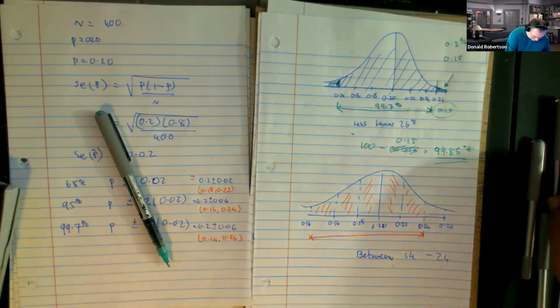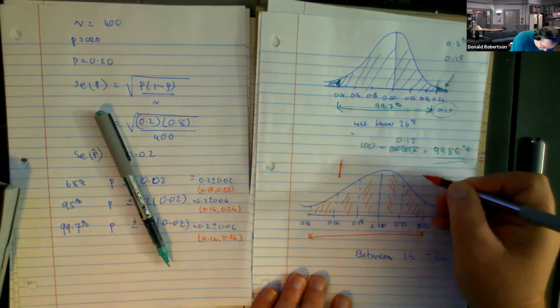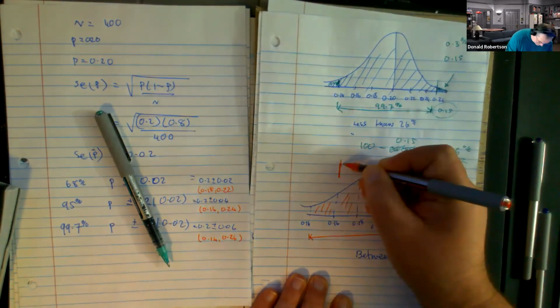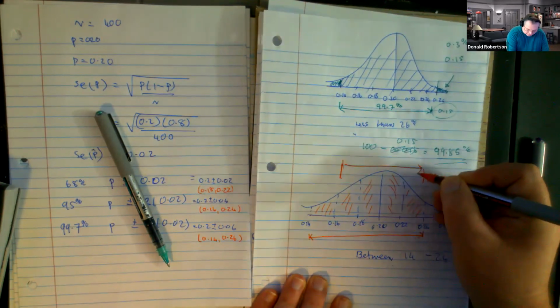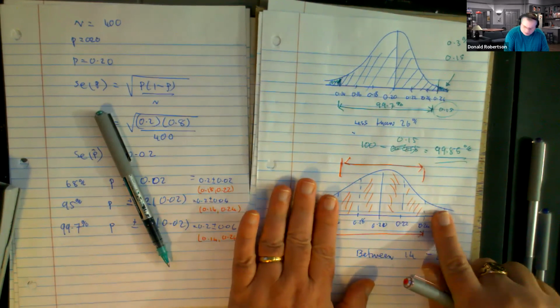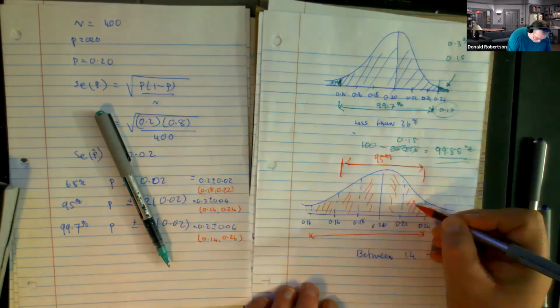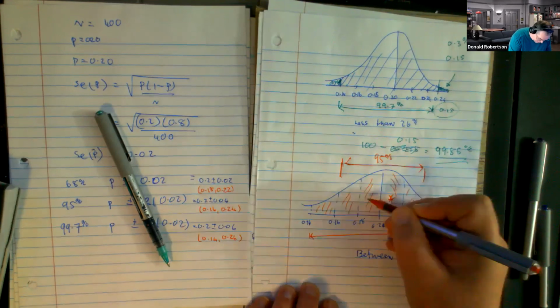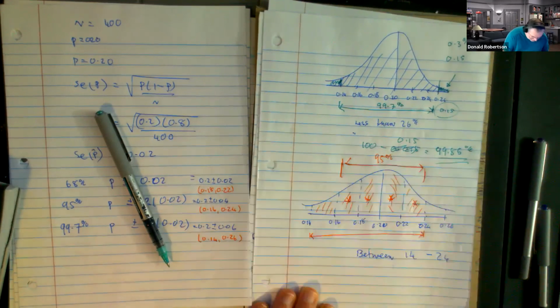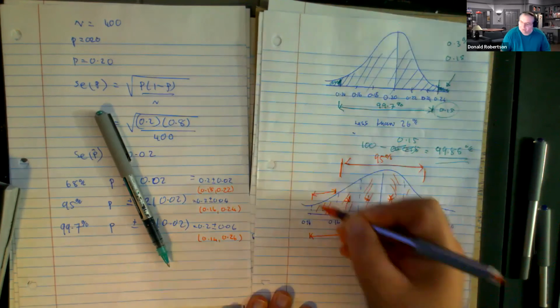I'm going to try it that third way. If you go from here to here, that's essentially 2 standard deviations either side of the mean. Agreed? And that is 95%. So I already know what these 4 pieces add up to. They add up to 95%. So all I need to do is find out how much that little piece is and add it on, and we're done.